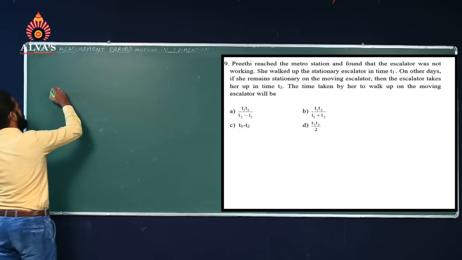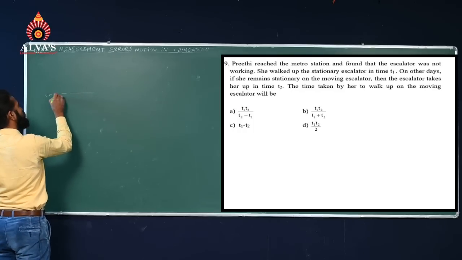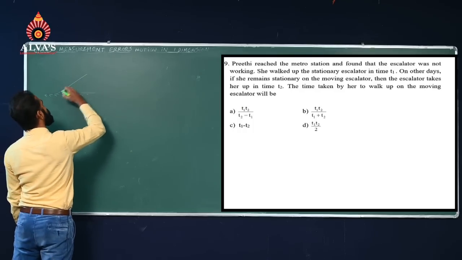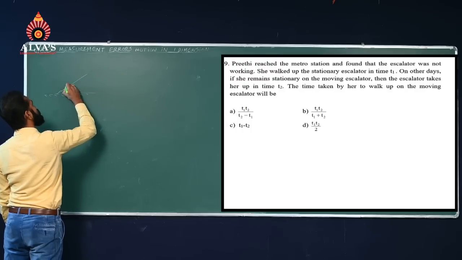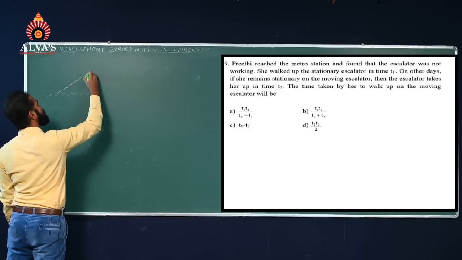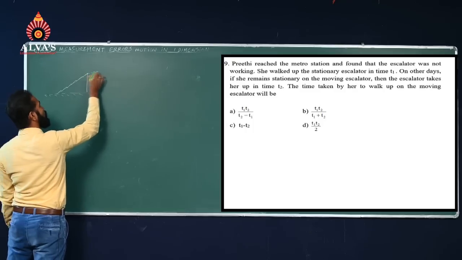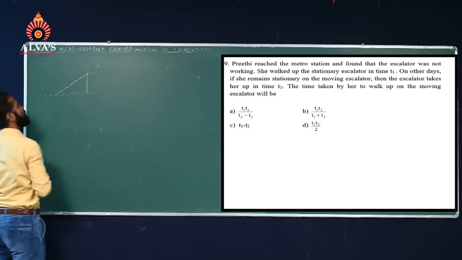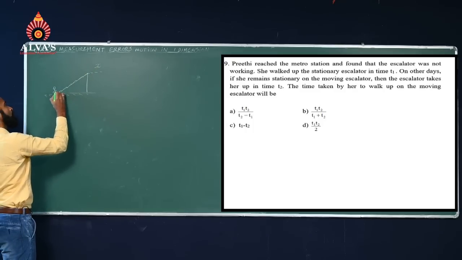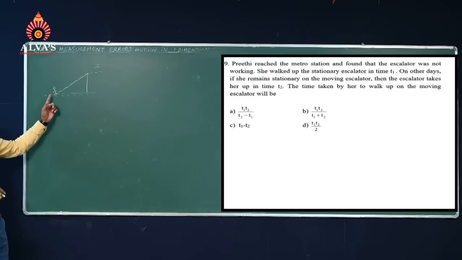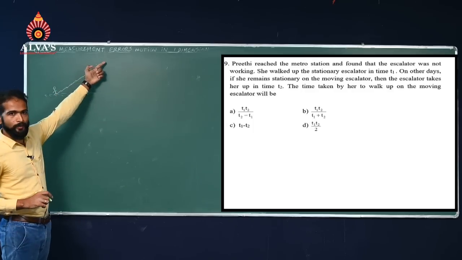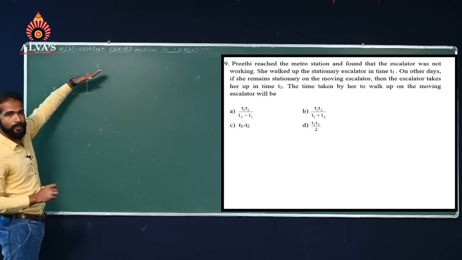So there is an escalator, here is a ground, and there is maybe a first floor, and there is a girl. She reaches the bottom of the escalator and she finds that the escalator is not working. So she just walks up the escalator, and escalator steps are not at all moving.